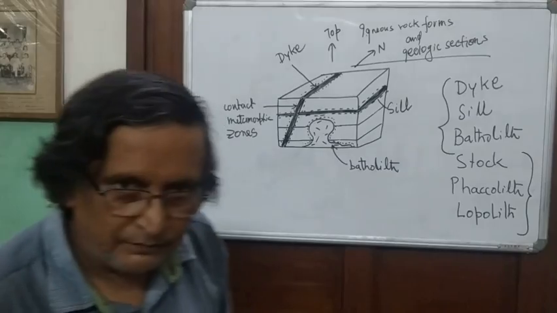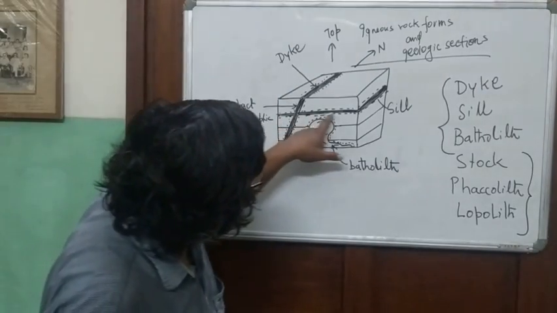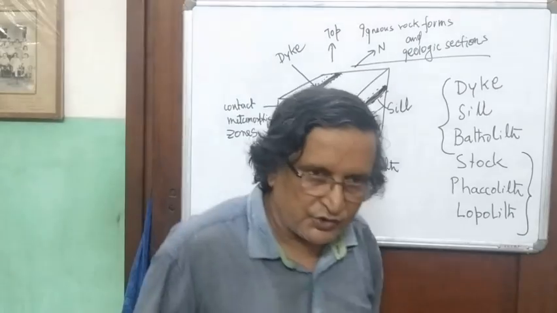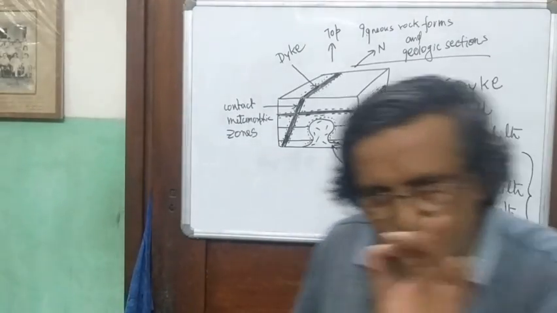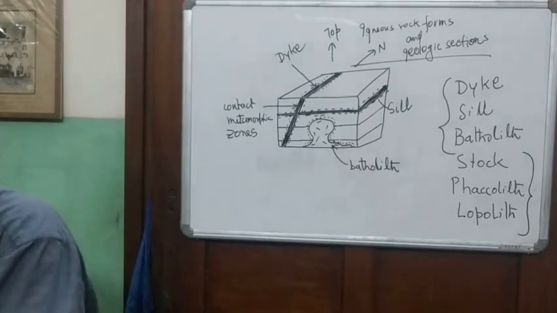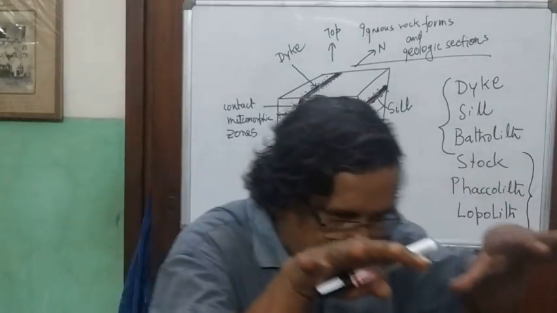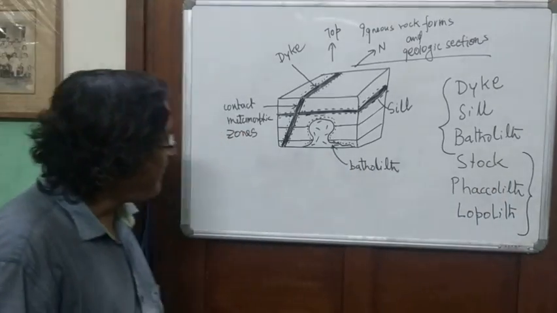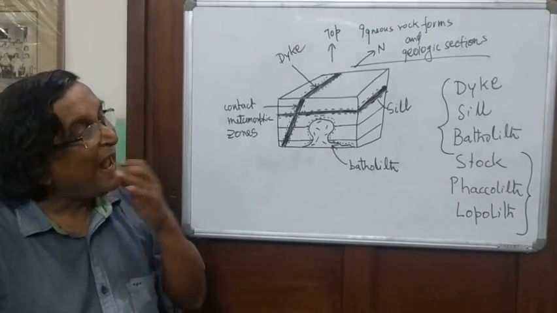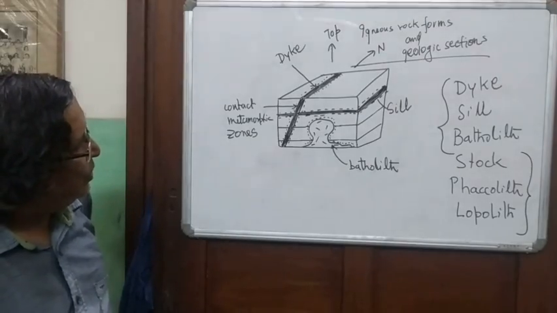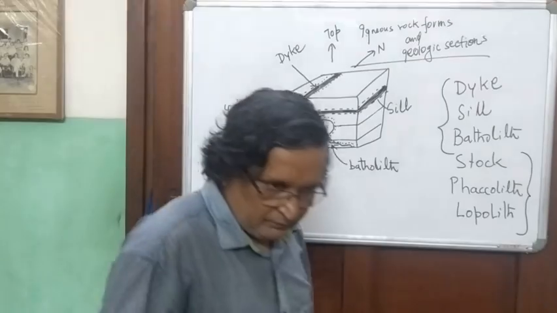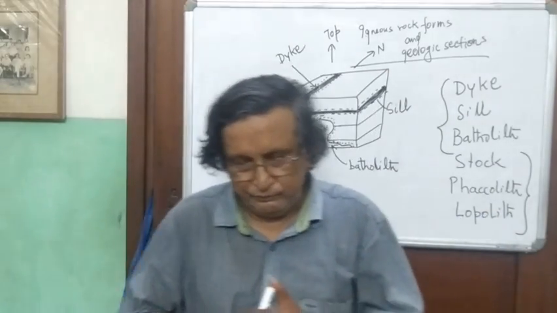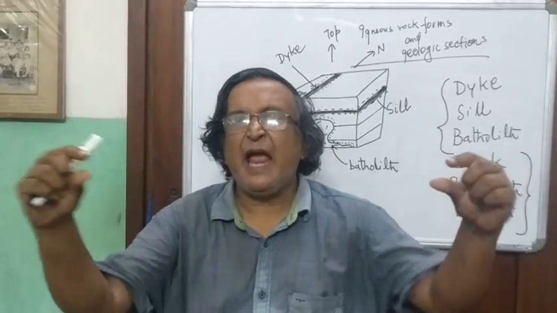Let's take sill. All these are intrusive igneous rocks. That means they crystallized below the earth's surface. A sill is an intrusive body which has a planar habit.